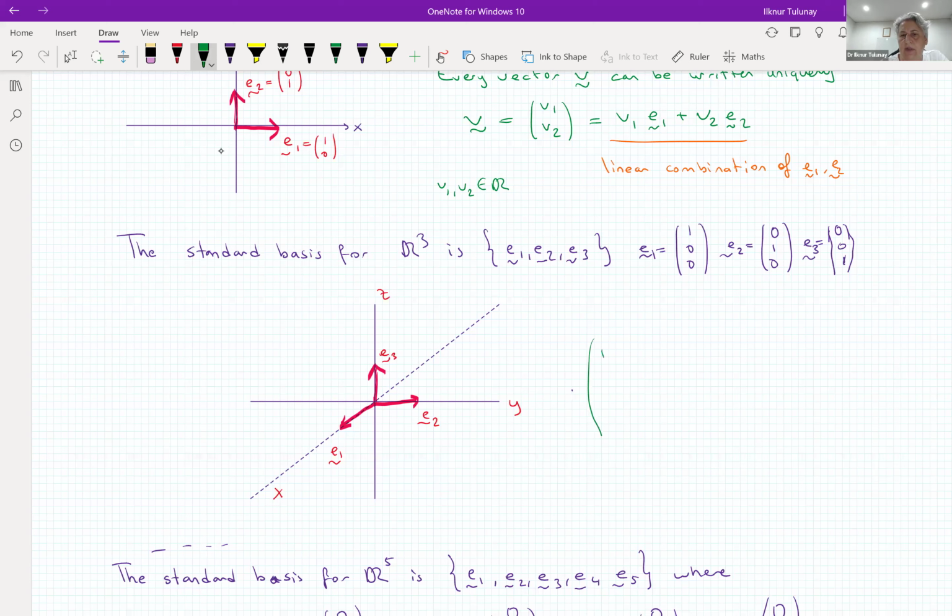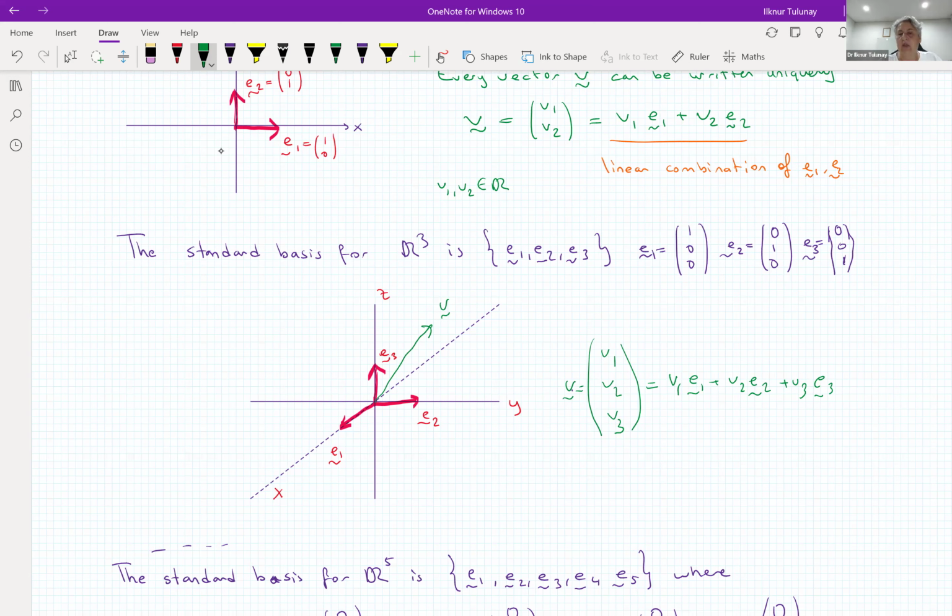So you have, in this case, V1, V2, V3, any vector V can be written again uniquely as V1 E1 plus V2 E2 plus V3 E3. That is unique. V1, V2, V3 components, coordinates, are unique. Right? That's the key.